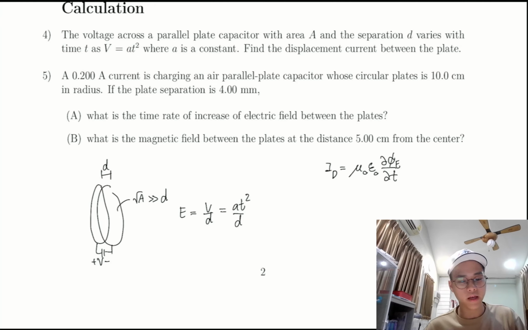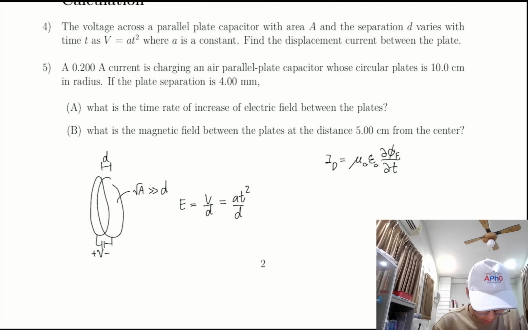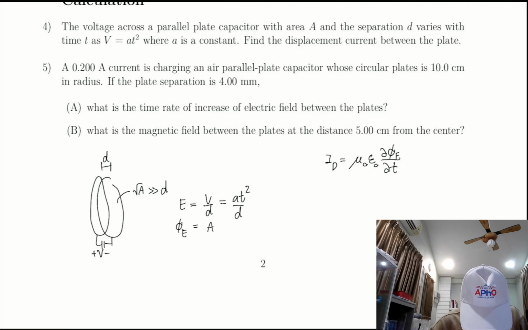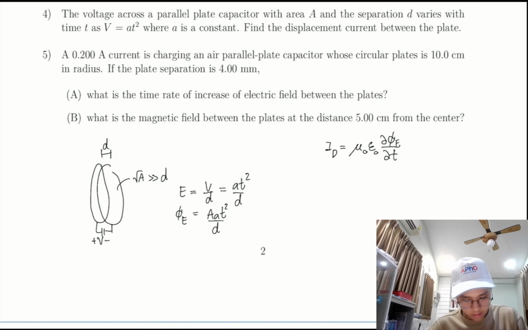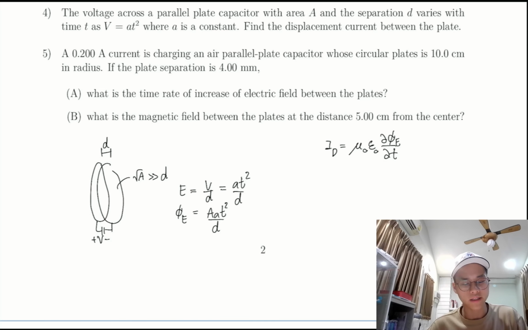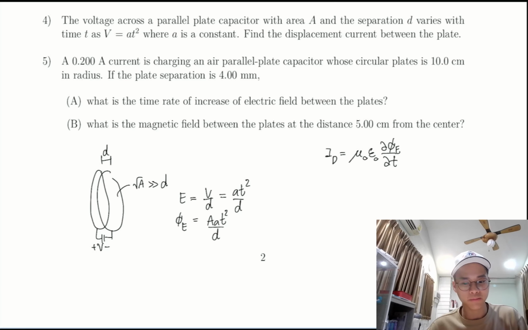So right now we already got electric field. Then we calculate electric flux. We just multiply by A, because in a parallel plate situation, the electric field is obviously perpendicular to the plate. So we can just multiply them together.